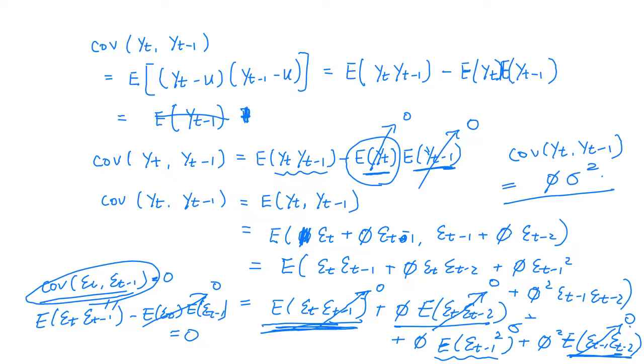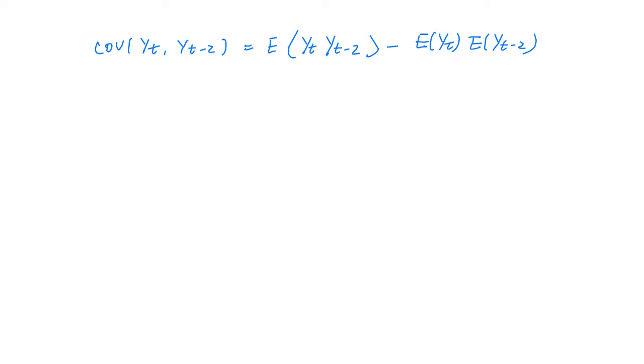Okay, so what about the covariance at lag 2? Same idea. The covariance with yt minus 2 is equal to the expectation of yt times yt minus 2, minus the product of the means. Because this is a moving average process, I know this is equal to 0 and this is equal to 0, so all I care about is this part.